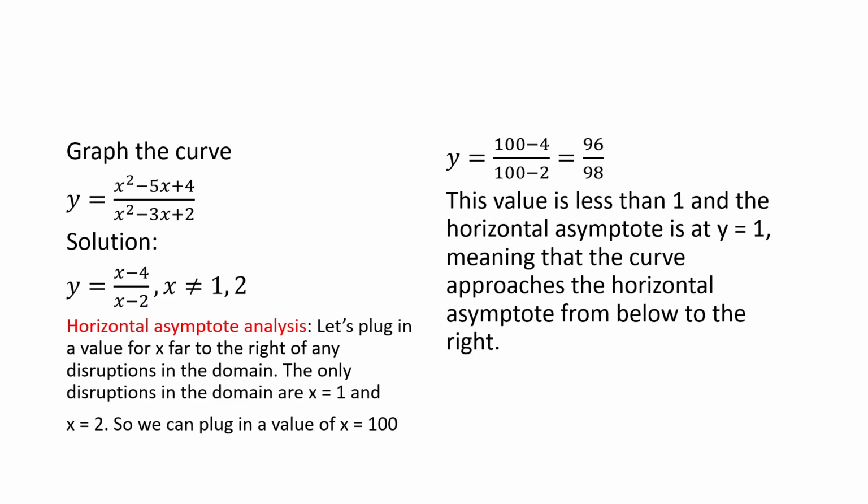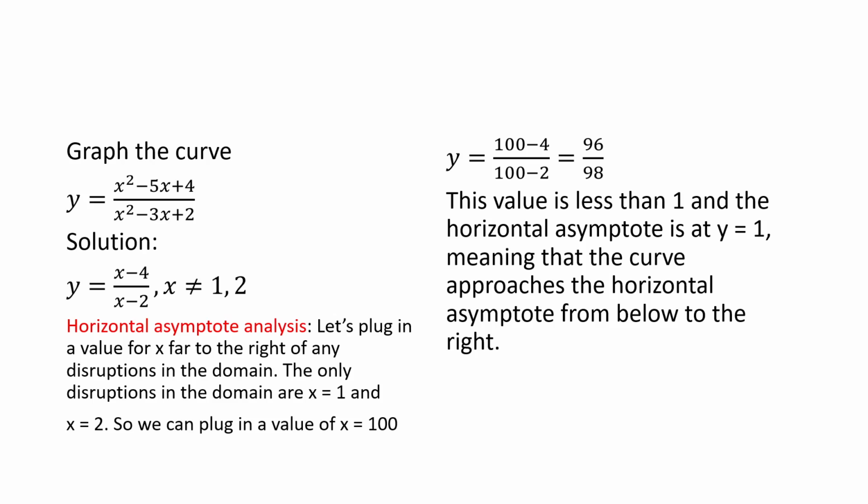Now let's do our horizontal asymptote analysis. We're going to plug in an x value far to the right of any disruptions in the domain. Well, the only disruptions in the domain are x equals 1 and x equals 2. So we can plug in a value of x equals 100. That's way to the right. Far to the right, we have y equaling 96 over 98 when x is 100.